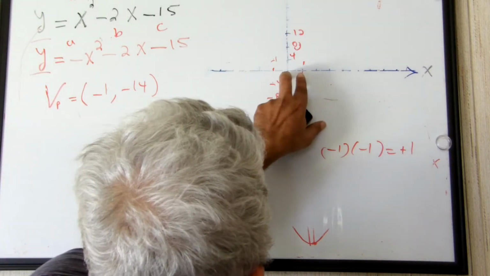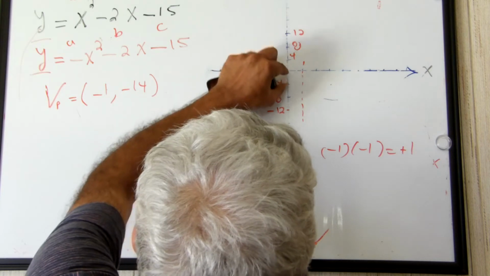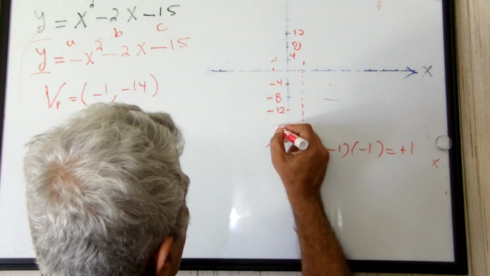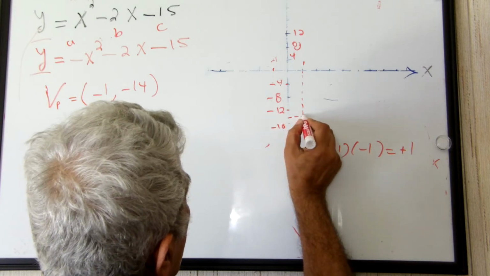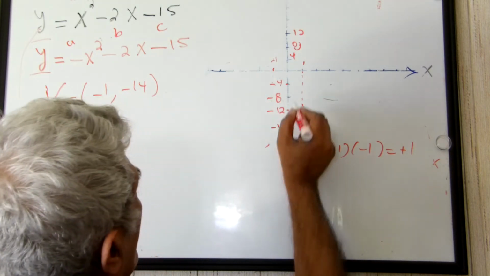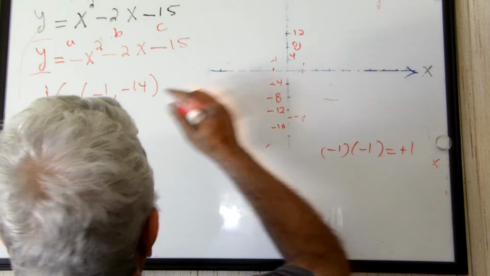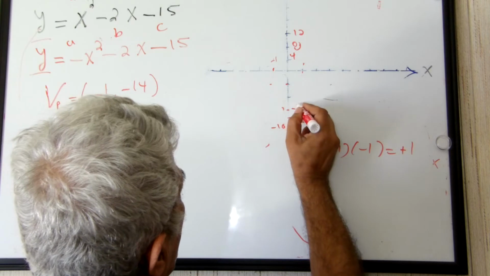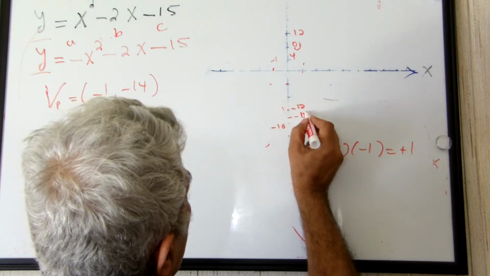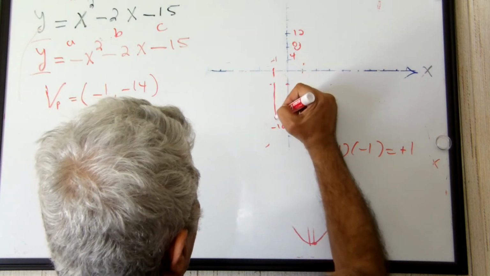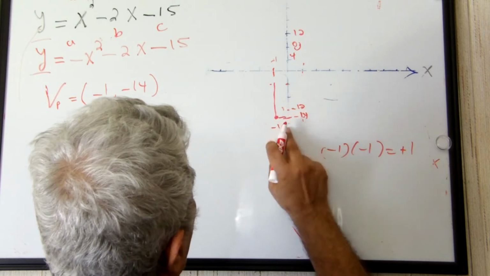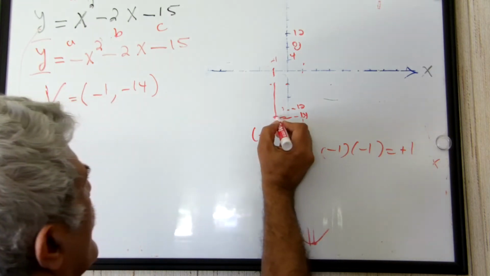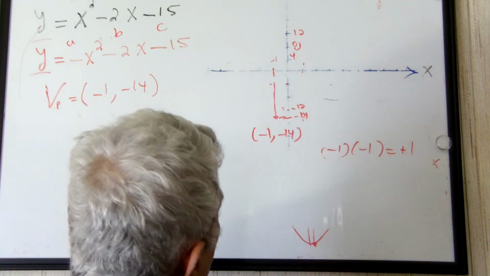Every unit is this much, 4 units is this much. So minus 14 is going to be between minus 12 and minus 16. So, no, I'm sorry, it's minus 1 for x. It's going to be minus 12 here, and minus 14 here. So the vertex is going to be minus 1, minus 14. This is the vertex there.